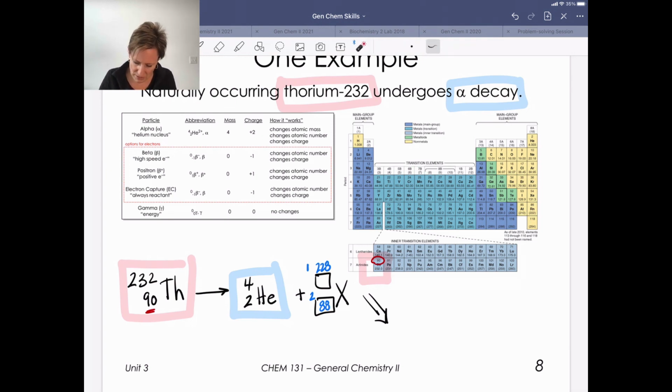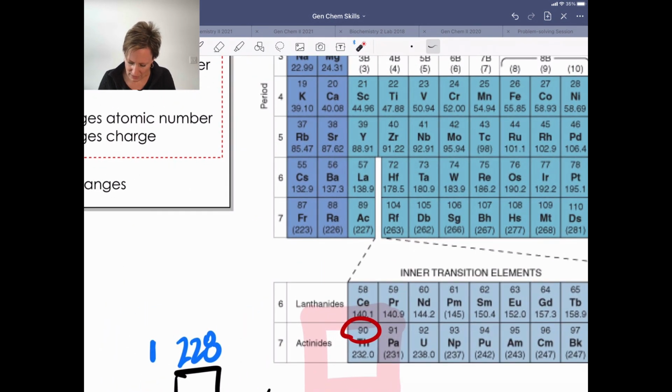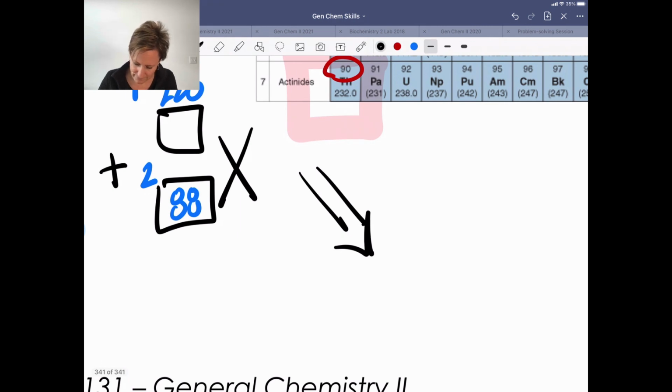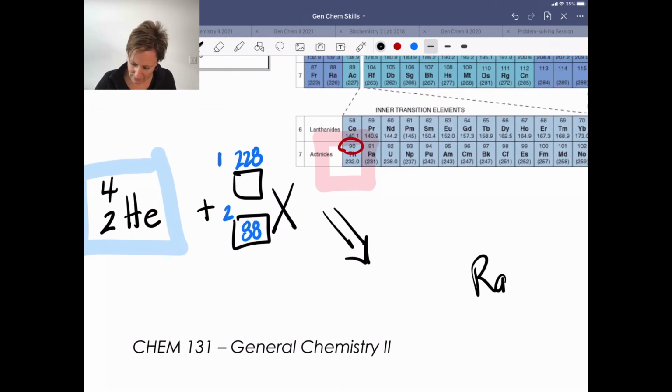If I look things up here, this was 90, this is 89, here's 88. It's radium. So that's going to be radium. Radium has 88 protons. Nothing else can have 88 protons and be anything other than radium, but I can have different isotopes of radium.